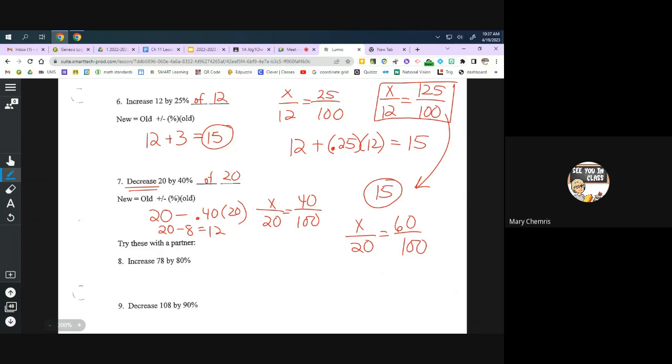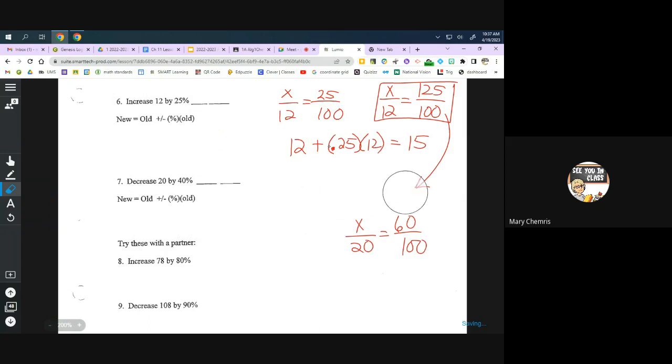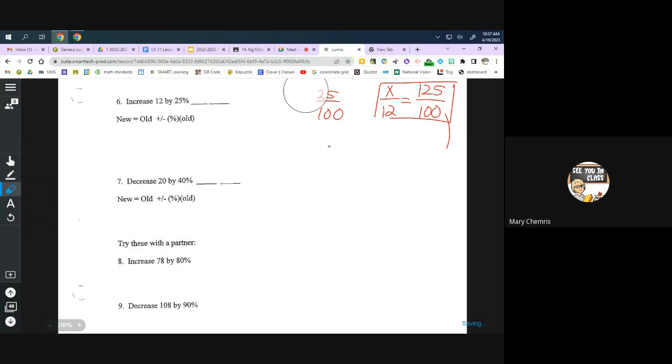I know sometimes it's confusing when you have 3 different ways, but you choose whichever method makes most sense to you. So now go ahead and do 8, 9, 10, and 11. When you're done with those, stop the recording now, turn it back on, and I will go over them to make sure you have the right answer.